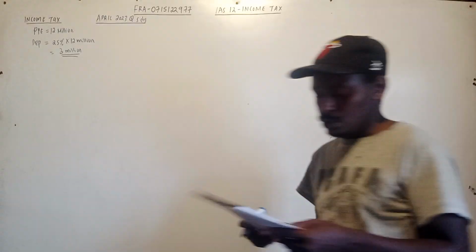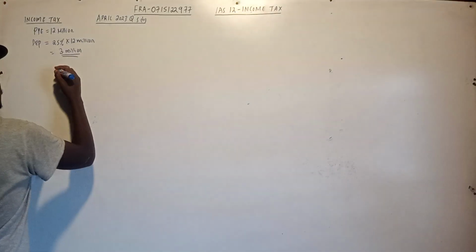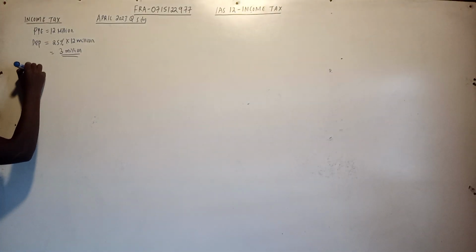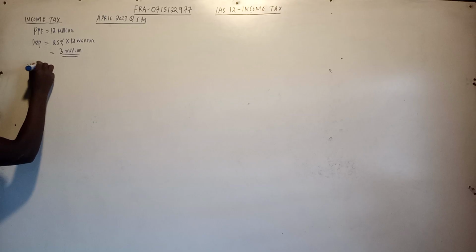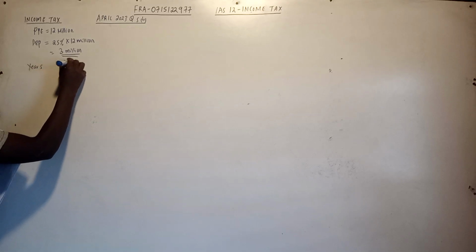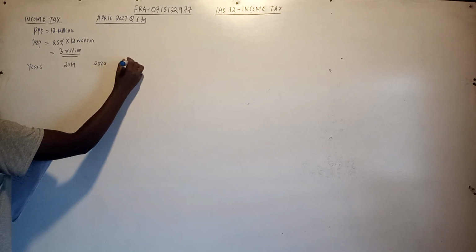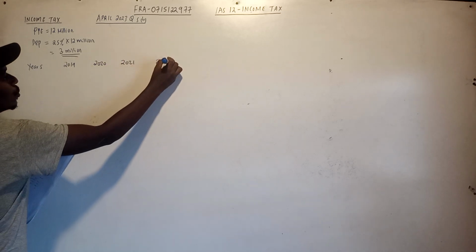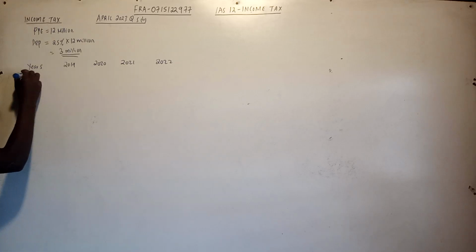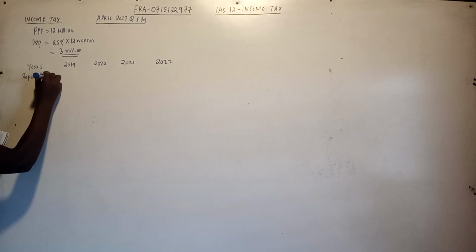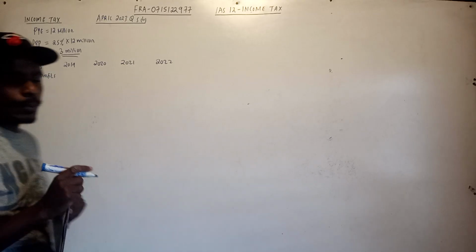So we shall have our years: 2019, 2020, 2021, and 2022. Then we start with the reported profits. Now the reported profit for 2019 is 2,400.